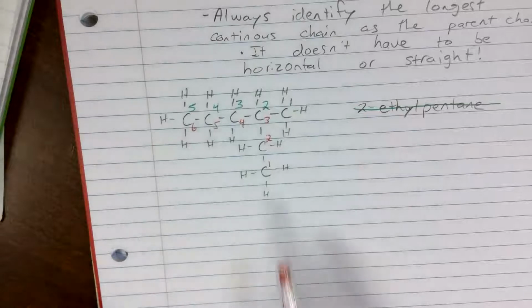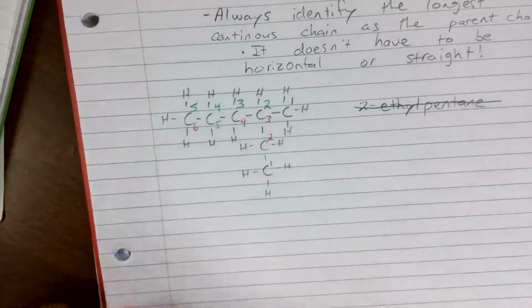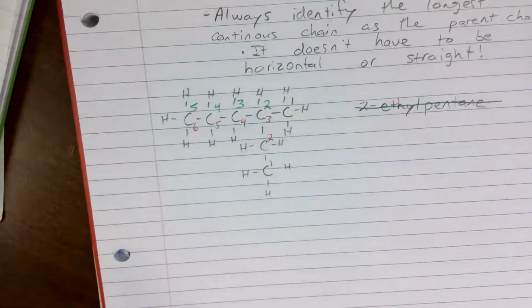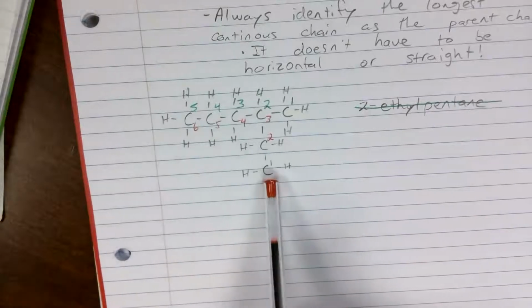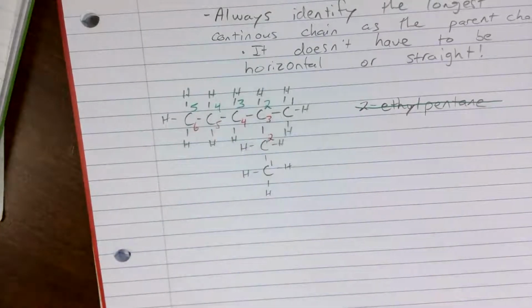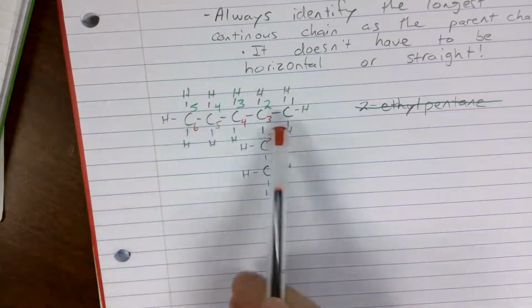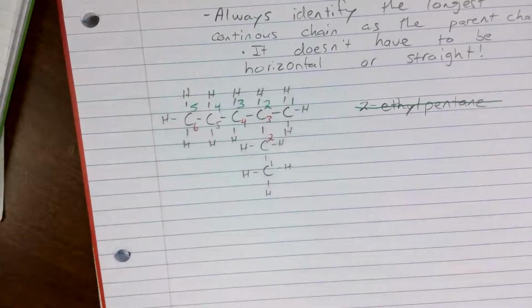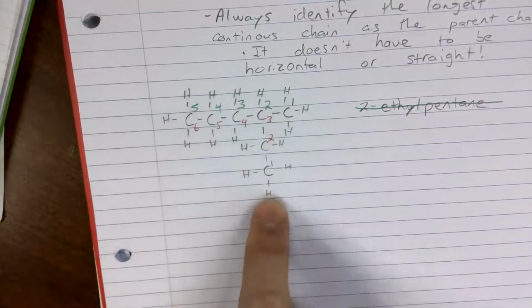The longest continuous chain does not have to be straight. We have a chain with 6 carbons in it. 6 carbons is longer than 5. So guess what? That's our parent chain.